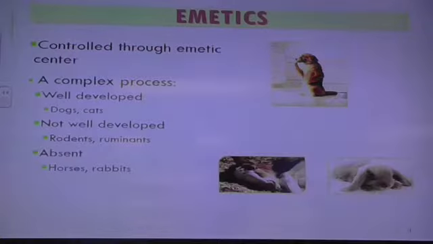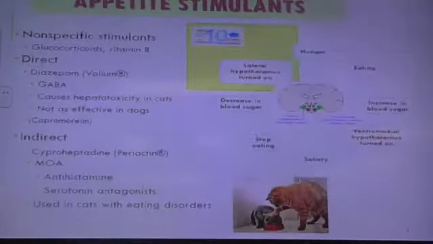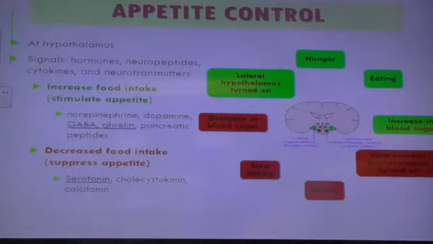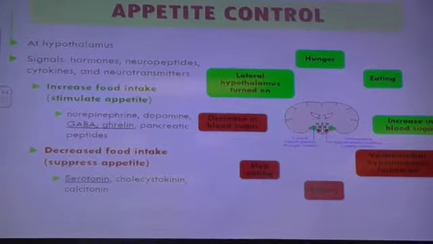Any question? Oh, yes. I might have missed this, but you said it mimics ghrelin. Ghrelin is a hormone. It's a hormone that stimulates the hunger center directly. Right here, the green dot, yeah.